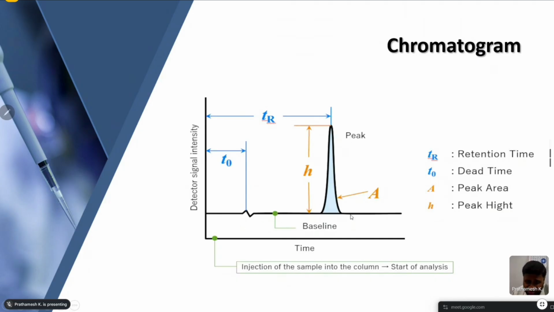Then you will see a peak. The peak is the compound which has eluted out. The most important concept you need to know here is the retention time. You can see TR, the retention time. From when your sample was injected and went into the column to when it came out, meaning how long it was retained inside the column, that's the retention time. So the compound that came out first will have a shorter retention time, and the one that came out later will have a longer retention time. And the area under the curve of this particular peak is usually the concentration. This is the peak area and the peak height. So area under the curve is usually the concentration of that analyte.